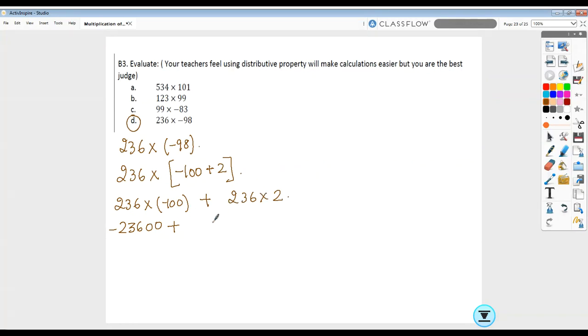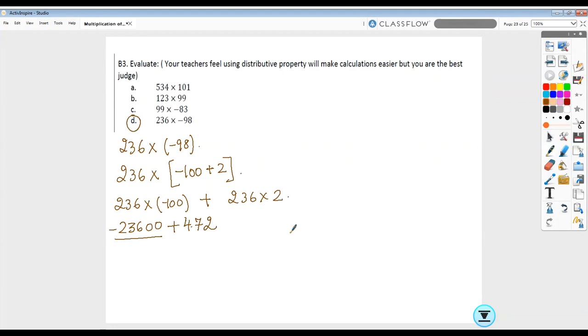So the double of 236 is 472. Now we can simply subtract these two and put the sign of the bigger number here.